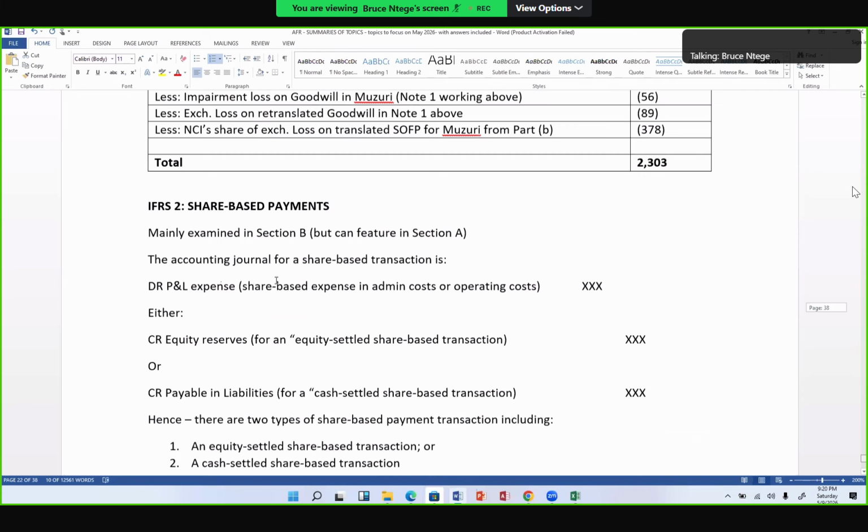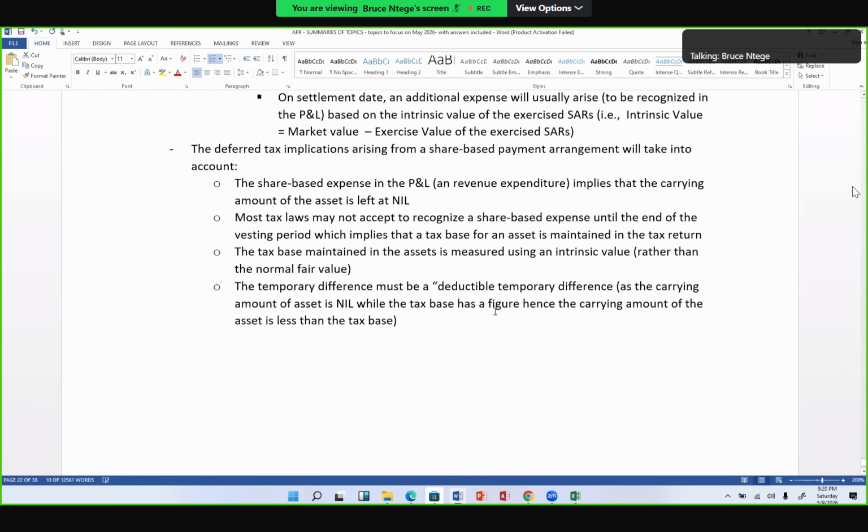So we've proved it, because the carrying amount is 0. Why is it 0? Because you chose to use accrual accounting and you've been putting it in the P&L as revenue expenditure, so you've not been capitalizing it. The carrying amount in your balance sheet has always been left at 0. But the tax law says no, we don't accept you expensing that share-based payment until the day the vesting conditions are fully satisfied, which could be years to come. So for them, they are not expensing; they are reserving it as an asset in the tax-based balance sheet. Therefore, your carrying amount of the asset is 0, while the tax base has a figure.